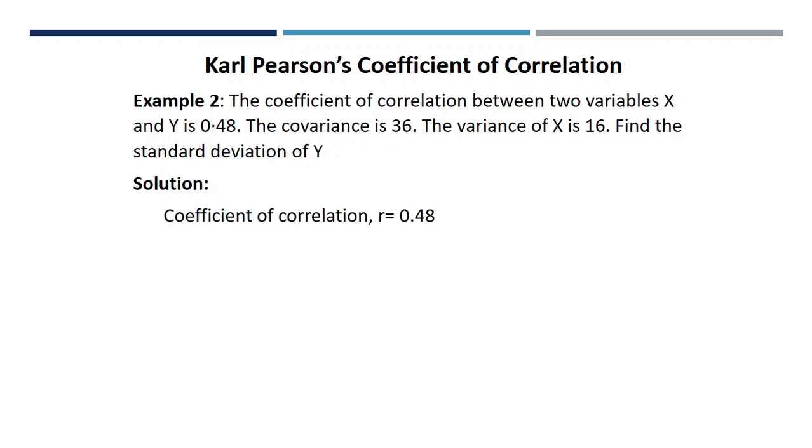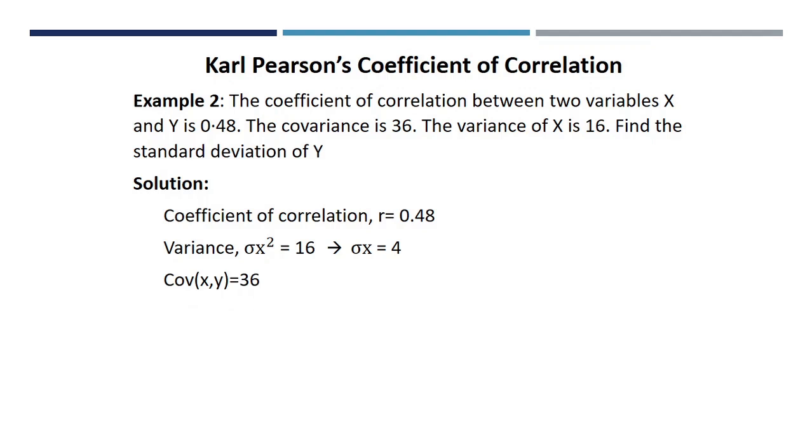So r, the coefficient of correlation, is given as 0.48, and the variance sigma x square, the square of the standard deviation of the variable x, is 16. So from this we will get the standard deviation of x as square root of 16, which is 4.